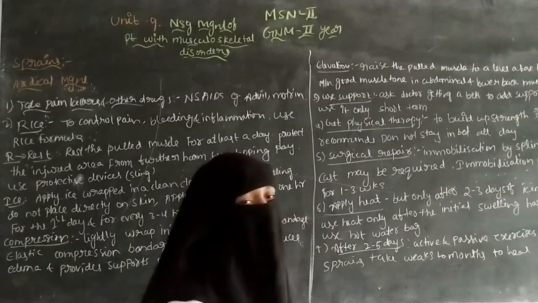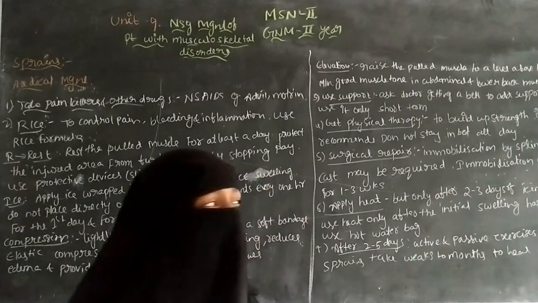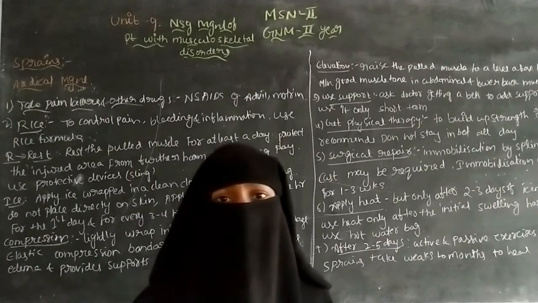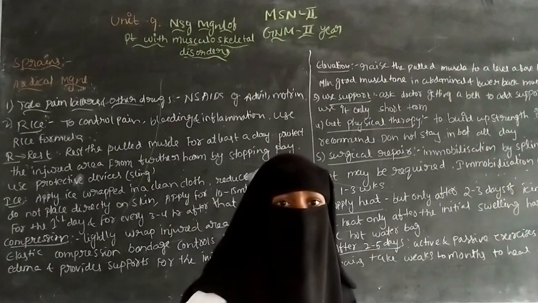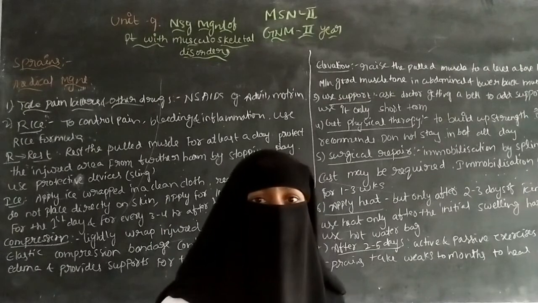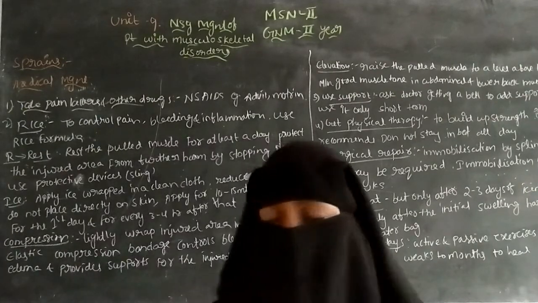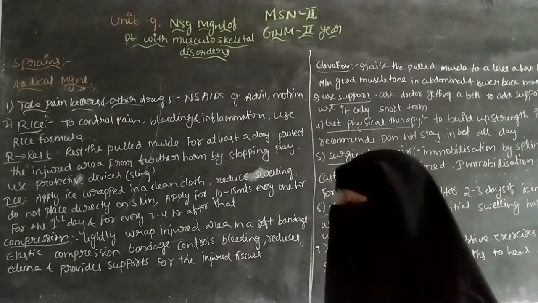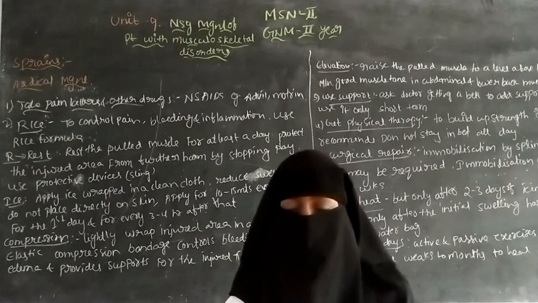So we can elevate the injured area above the level of the heart. So that is the RICE formula: rest, ice application, compression and elevation.